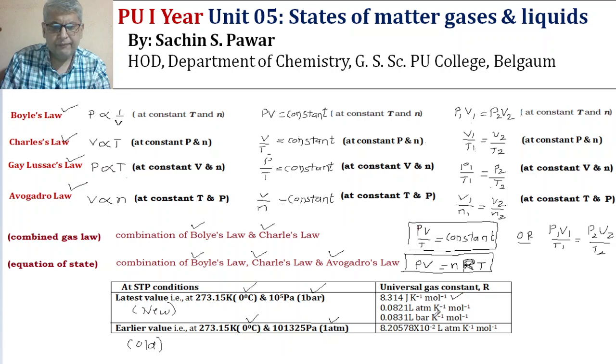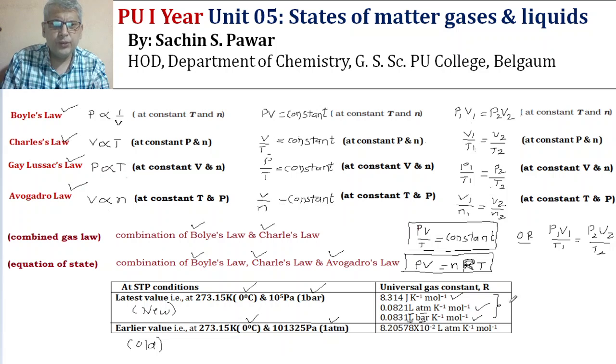If the data has volume in liters and pressure in atmosphere, we can use 0.0821 as the value of R. And if the pressure is given in bar and the volume in liters, you can use 0.0831 liter bar per Kelvin per mole as the value of R.